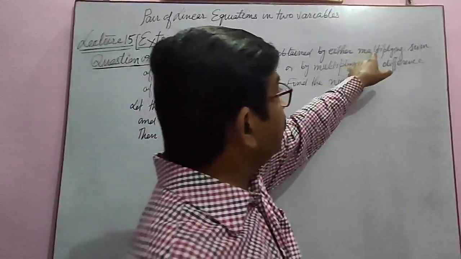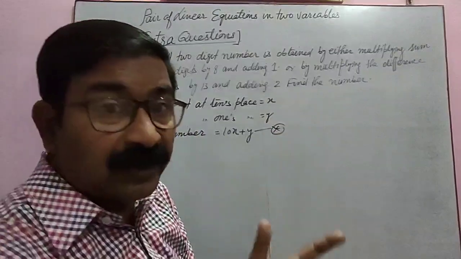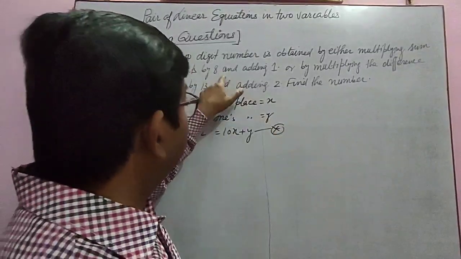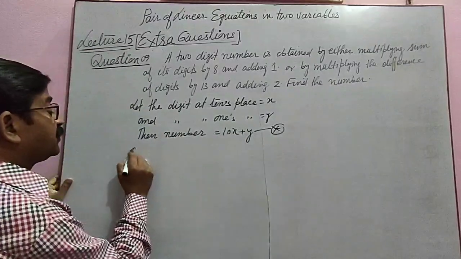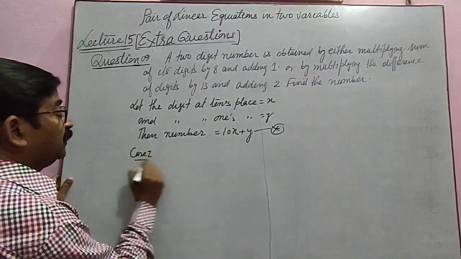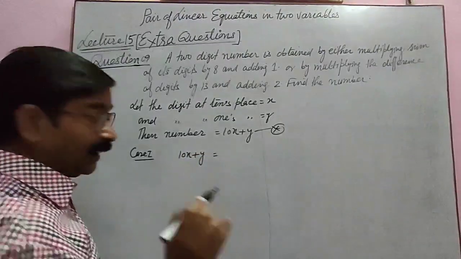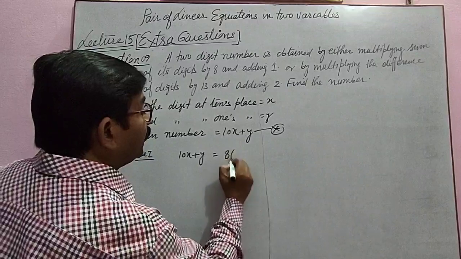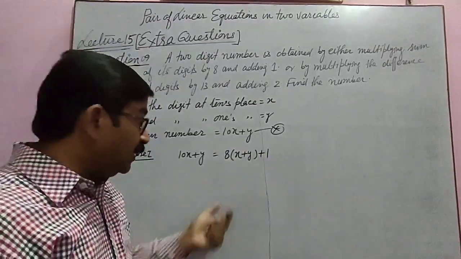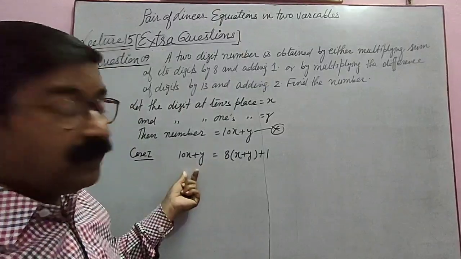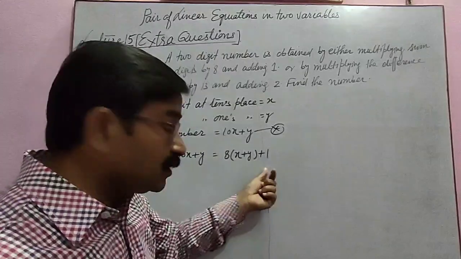By either multiplying the sum of digits, x and y, by 8 and adding 1. This is the first case, a very important case. 10x plus y can be obtained by multiplying the sum of digits by 8 and adding 1. Got it? Means this number 10x plus y is the same as the sum of digits into 8 plus 1.